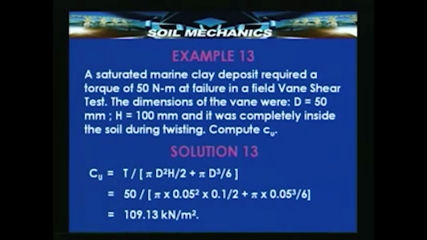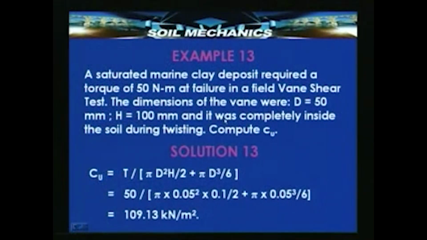Knowing the geometry of the vane and that a typical value of 50 Newton meter torque is obtained at failure, we will calculate Cu. So, the statement of the problem is a saturated marine clay deposit, that means this test is done in clay as I have been saying, required a torque of 50 Newton meter at failure. The dimensions of the vane were 50 and 100 mm.